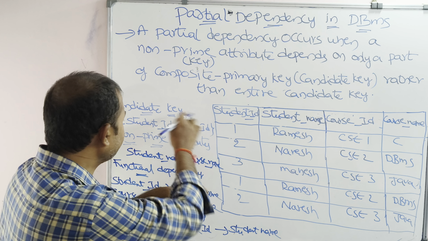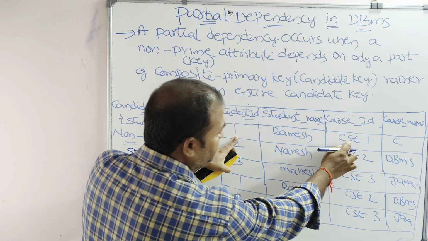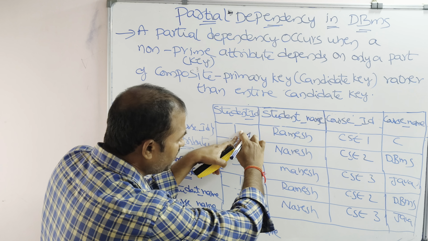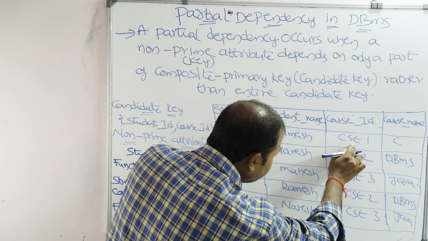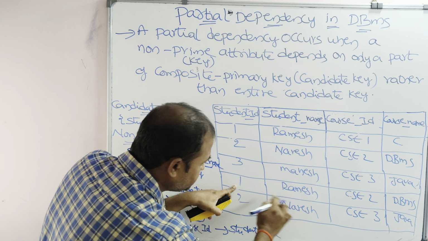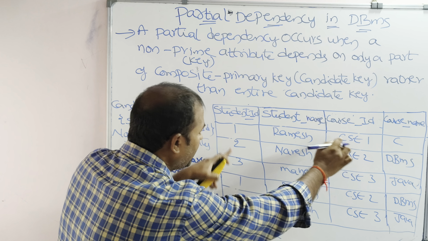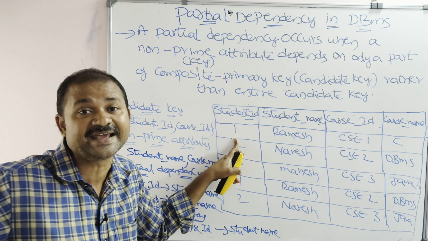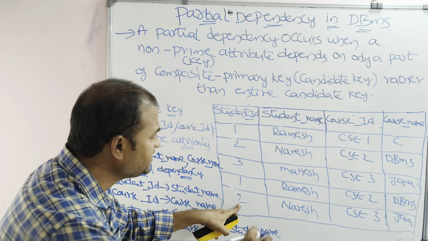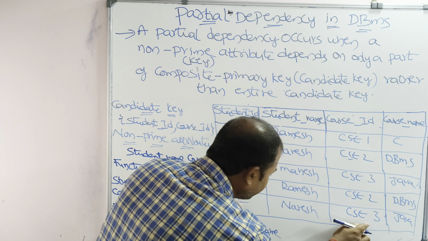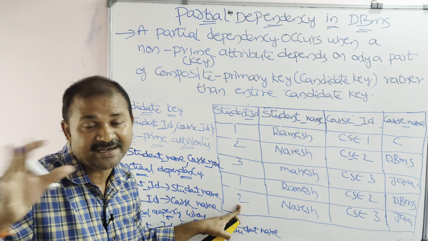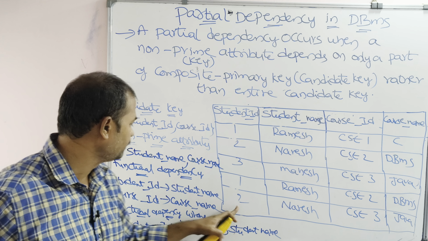If you take the candidate key 1 CSE1, the registered number 1 student registered in the CSE1 course. Next, 1 CSE2. But 1 CSE1 will never exist again. Likewise, here we have 2 CSE3, which never exists again in the table.